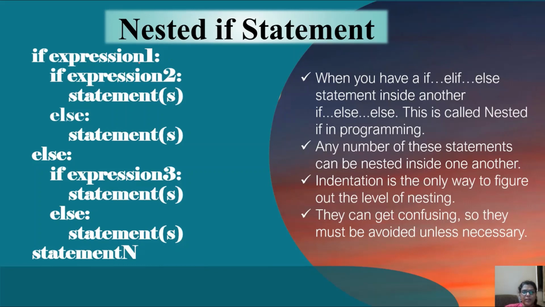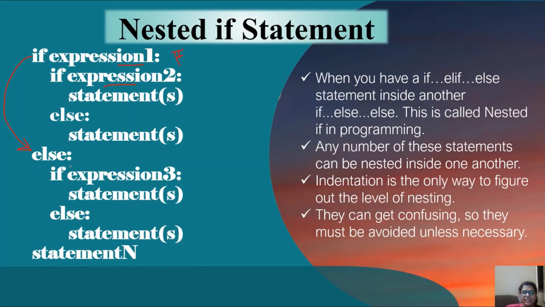Nesting will be evaluated as follows: first of all, expression 1 is checked. If this turns out to be true, only in that case is the second expression going to be checked for truth or false. If the first expression is false itself, I move to the else part. The second expression is not tested at all, right?